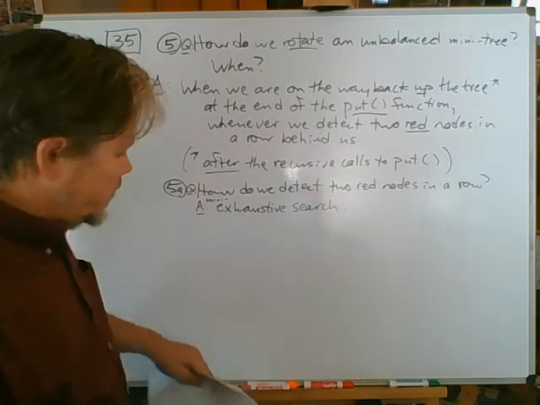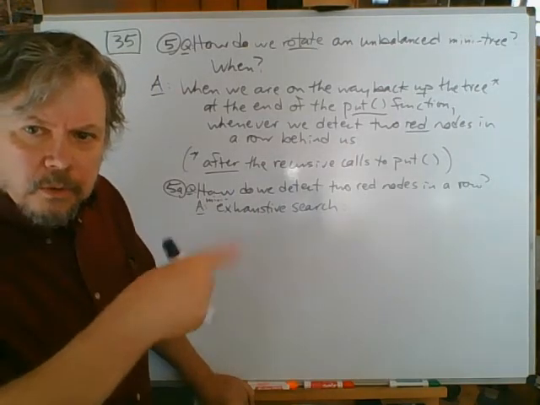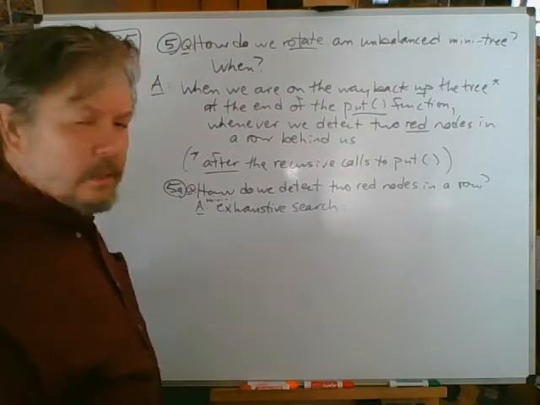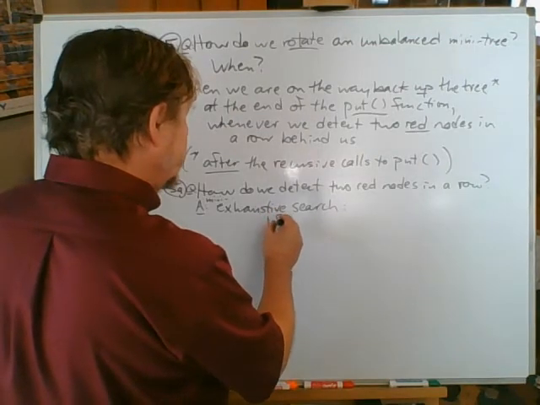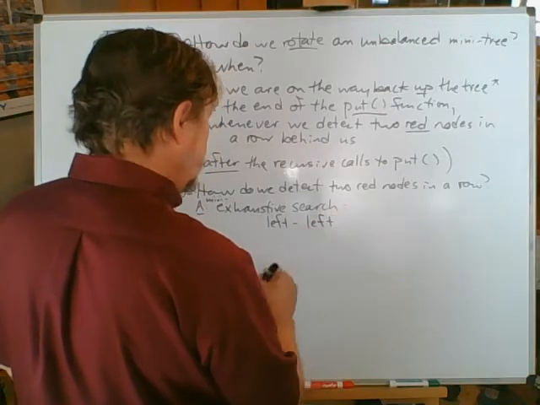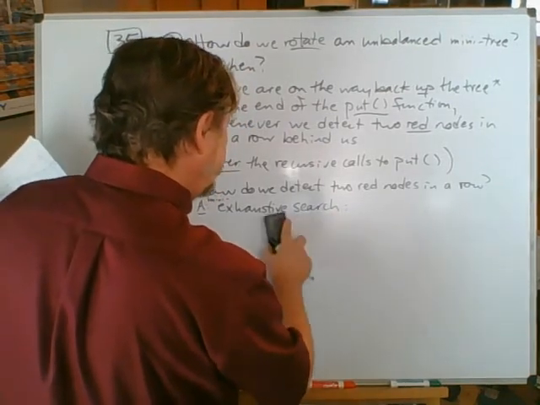Otherwise, exhaustive search, that implies order. You've got to look at everything one at a time. 1, 2, 3, 4, 5. Yeah, we don't want to do that. Except there are only 4 possibilities. Exhaustive search, left. No, let's see. I'm going to write that differently.